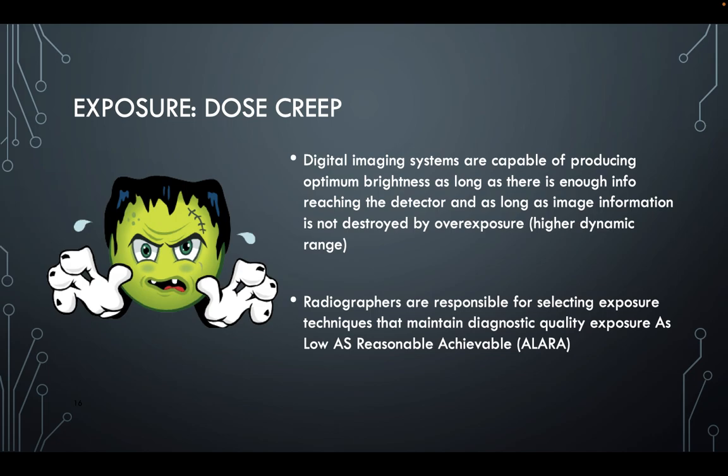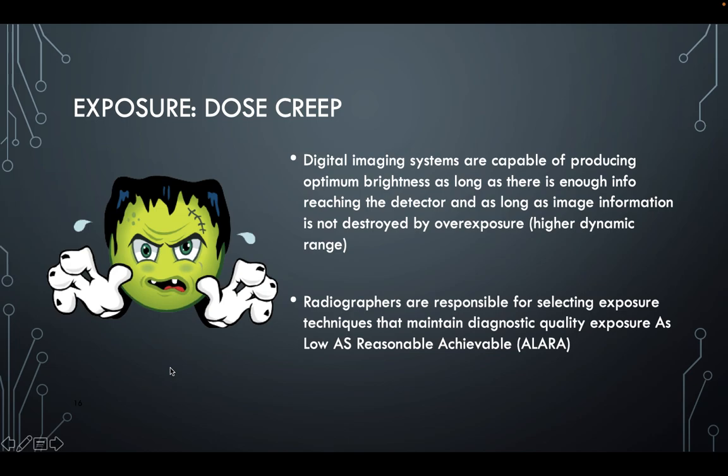So, this tendency to use too much technique is known as dose creep. We're just kind of creeping our techniques up a little bit so that we always get a diagnostic image. And so we want to prevent dose creep. I used a lovely Frankenstein emoji here, but I just imagine this little guy creeping around.